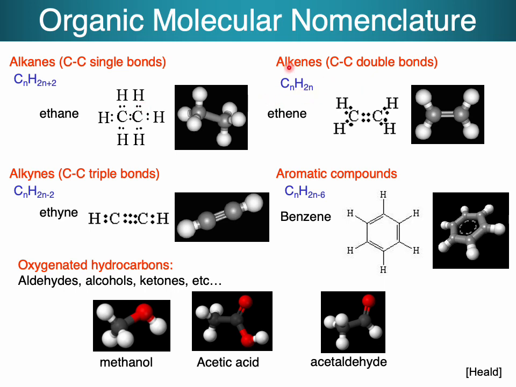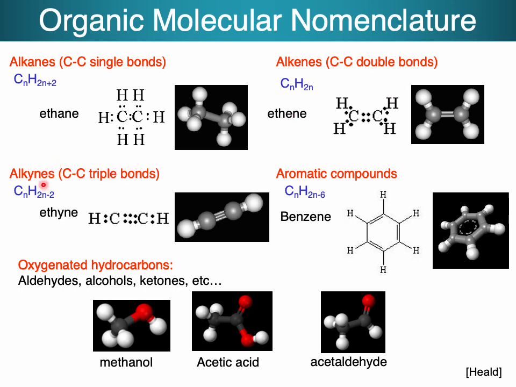Another class is called alkenes, which contain carbon-carbon double bonds. Okay, so here you can see this carbon atom and this carbon atom are bonded together by a double bond, a sharing of 4 electrons instead of a sharing of 2 electrons. And there are fewer electrons left to share with hydrogen, so there are only 4 hydrogen atoms in this compound.